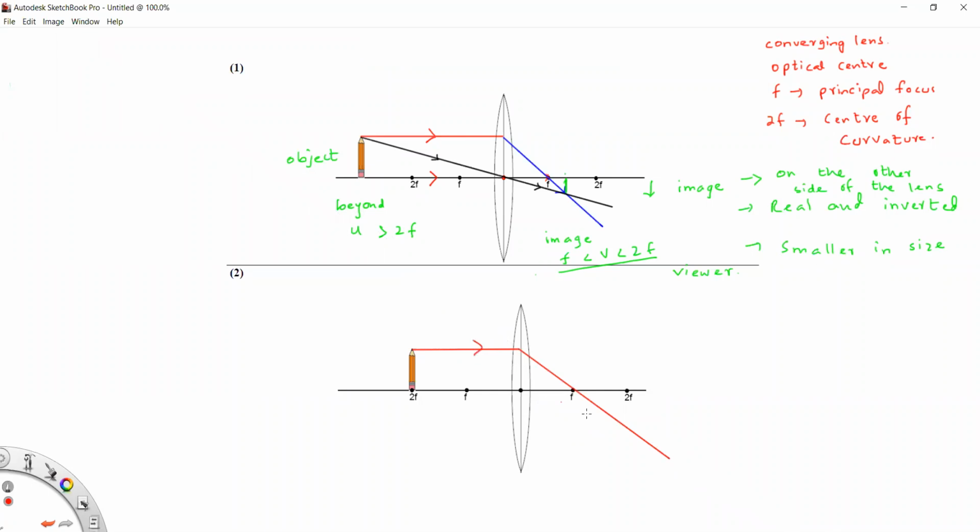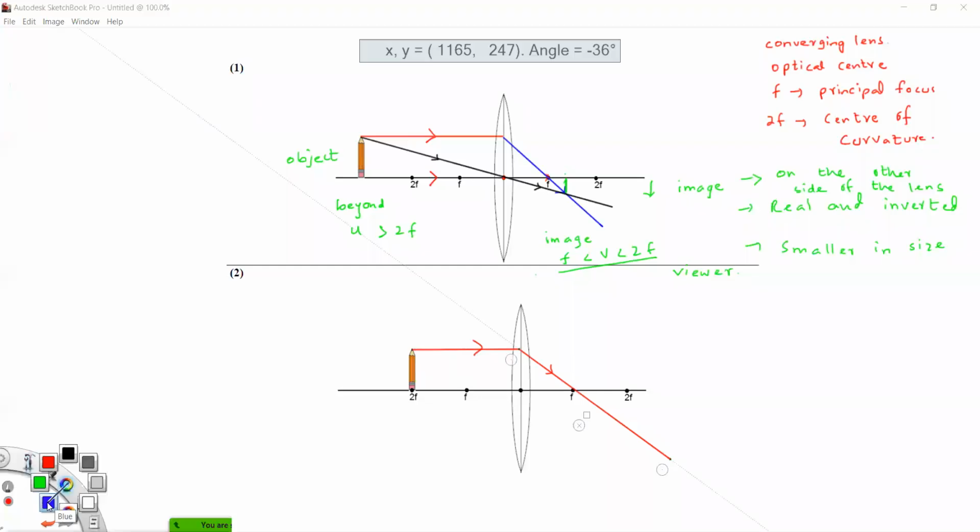So the first light ray after refraction passes through the focus. The second light ray passes through the optical center and remains undeviated. It never changes direction.